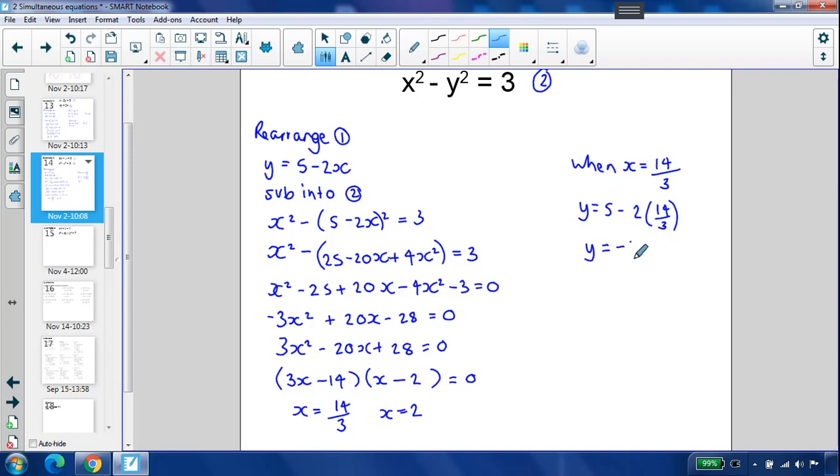But you should get minus 13 over 3. And then the other one, when x is equal to 2, y is equal to 5 minus 2 multiplied by 2. Well, 5 minus 4 is 1. So y is going to be equal to 1. So I'm going to have coordinates as 14 over 3, minus 13 over 3 and 2, 1.